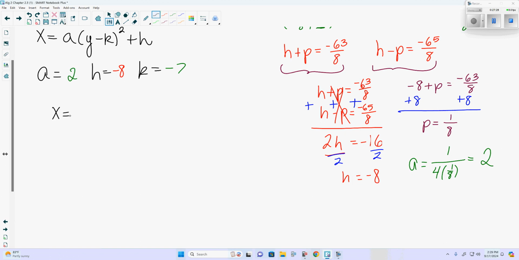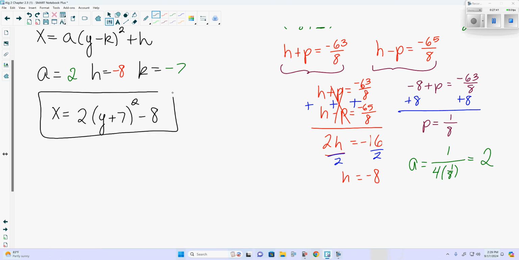So x equals 2 times y minus negative 7, or y plus 7 squared, plus negative 8, or we can just say minus 8. A few more steps. I wouldn't say it's so much harder than what we did. It's just more steps. It's more involved.